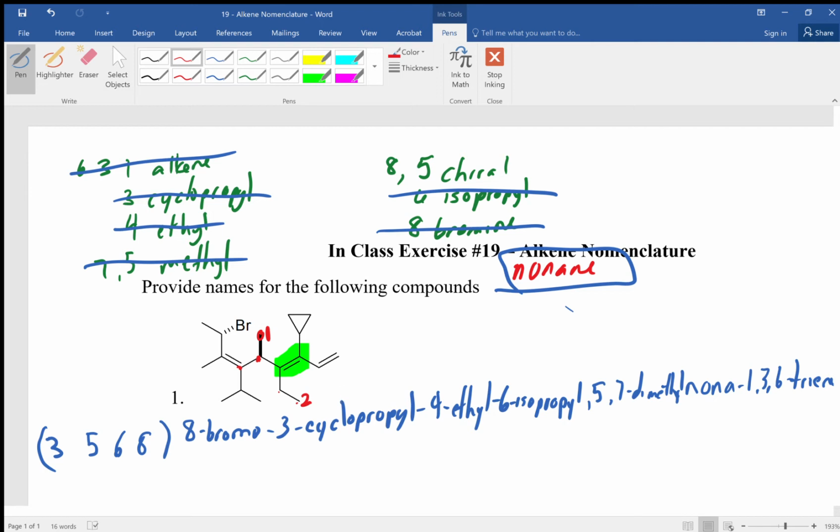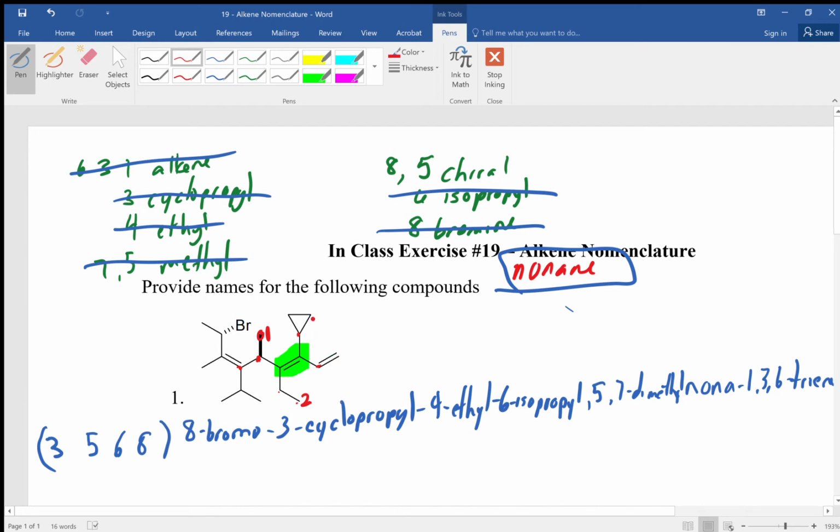Now the other one's a little bit harder. And that's because we start here with a carbon that's attached to 2 carbons, which is the same way we count the alkene. So we have to go to the next carbon. Now that's a carbon that's attached to another carbon, and it's actually the same here.